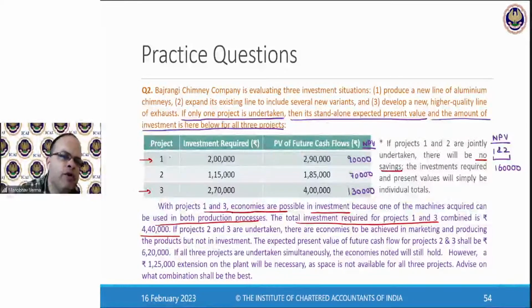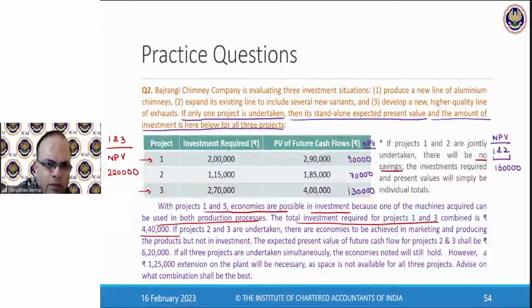So guys, if I have to do 1 and 3, what is my normal NPV? 220. Normal NPV is 220 anyways. But with this economy, my total investment is 440 given to me instead of 470, right?